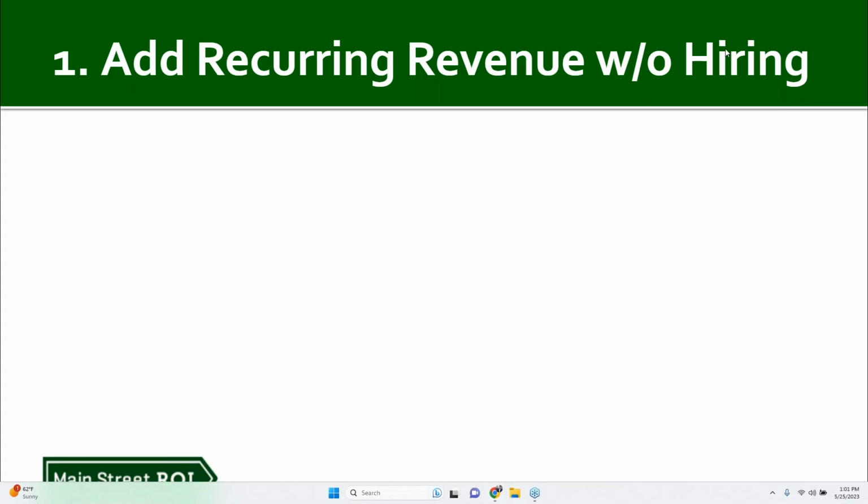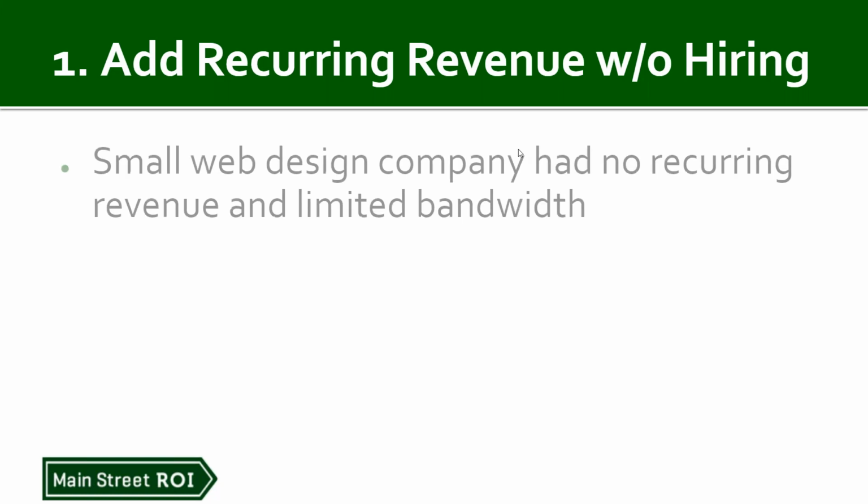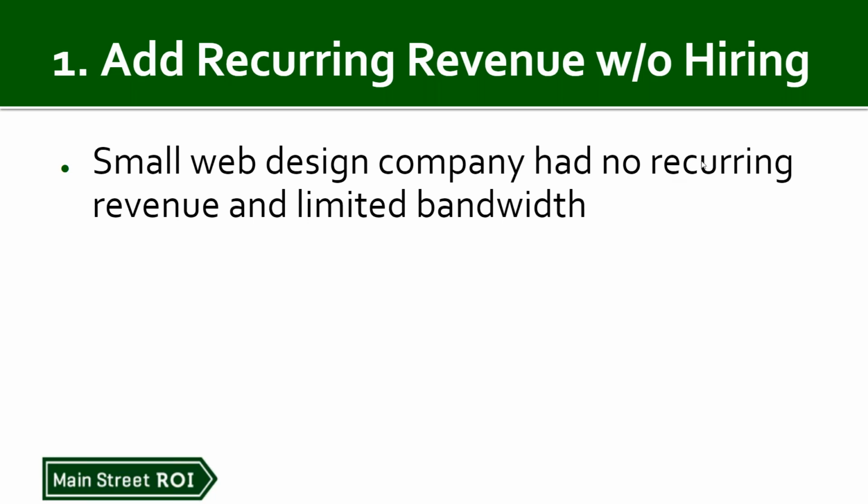All right, so 4 ways we can help. Just gonna fly through this. We can add recurring revenue to an agency partner so they don't have to hire. So they can test this out. Even if they're going to hire and do this in-house eventually, this is a good way to get started.